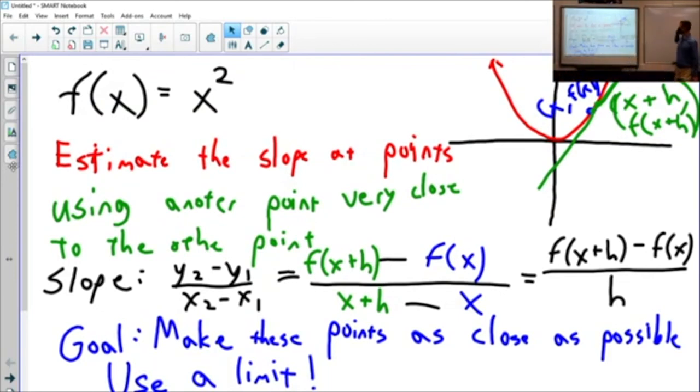If we want the points to be closer and closer, think about what the variable is that we used for that, and what we want that thing to approach. What do we want it to get closer and closer to? So what variable did we use to stand for that distance away?